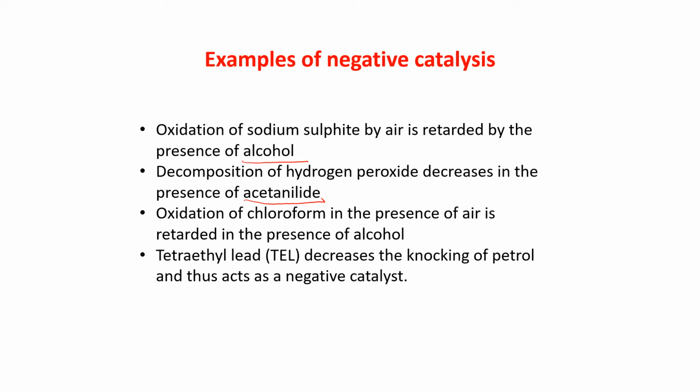Oxidation of chloroform in the presence of air is retarded in the presence of alcohol. Tetraethyl lead, which is known as TEL, decreases the knocking of petrol and thus acts as a negative catalyst. That means tetraethyl lead is also acting as a negative catalyst. So these are the examples of negative catalyst.